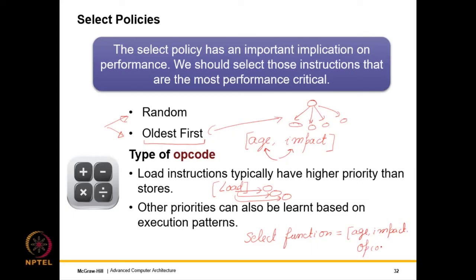So the opcode can, for example, give loads higher priority than stores and so on. So based on this, you derive some sort of a score, and this is fed to the choice boxes, and the choice boxes make a choice accordingly. So of course they do become complicated, but this complexity is not a bad complexity in the sense that this is a performance enhancing complexity. So there is nothing to be awfully concerned about.